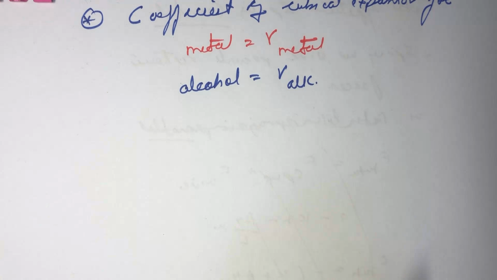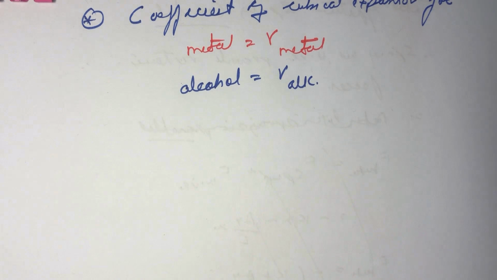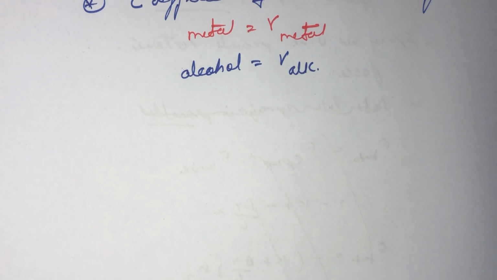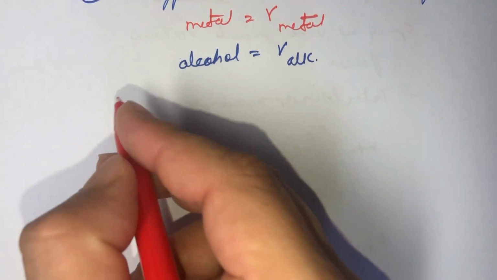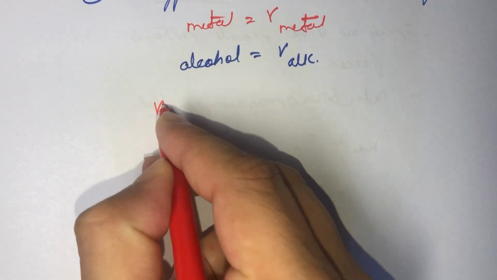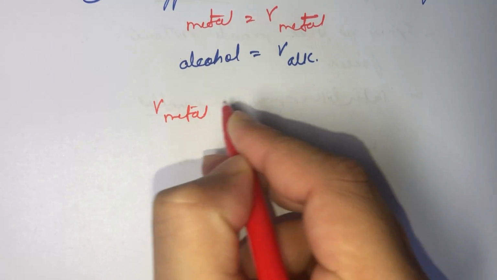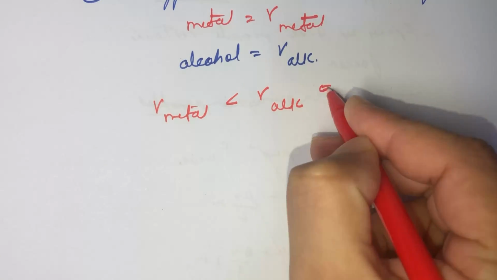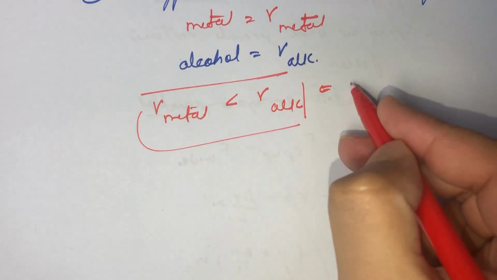It is given that gamma metal is less than gamma alcohol.